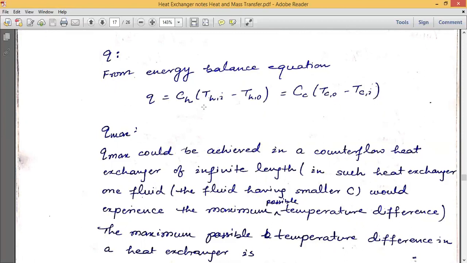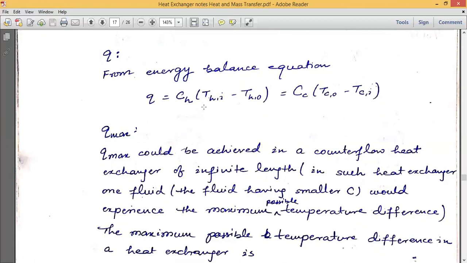Suppose the maximum possible heat transfer for the given infinite length is Q max. For that Q max, which fluid will experience the maximum temperature difference? Q max is equal to the heat capacity rate multiplied by the temperature difference. The fluid which has the lesser heat capacity rate would experience the maximum temperature difference.